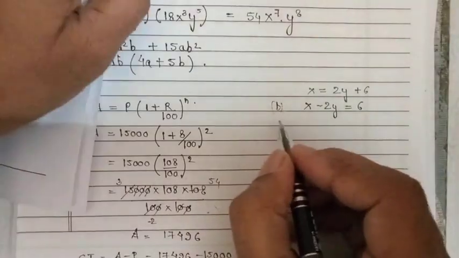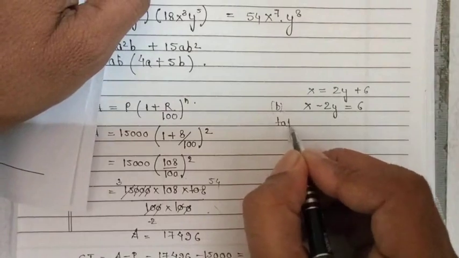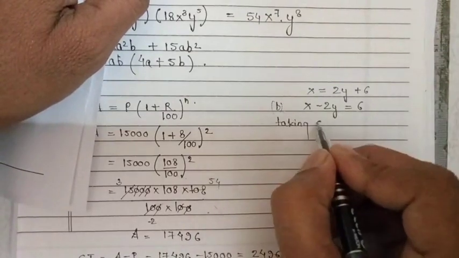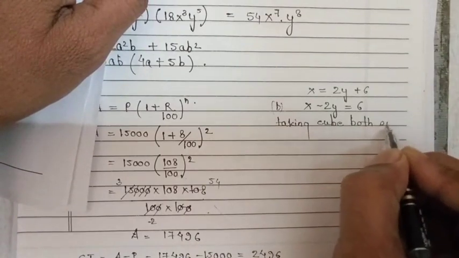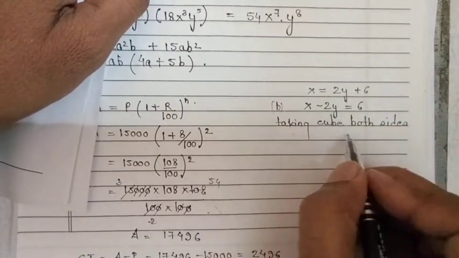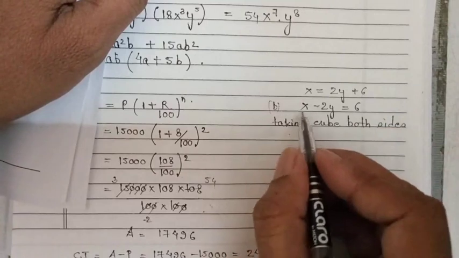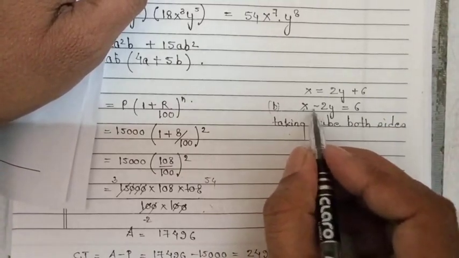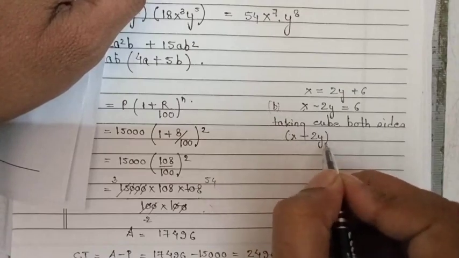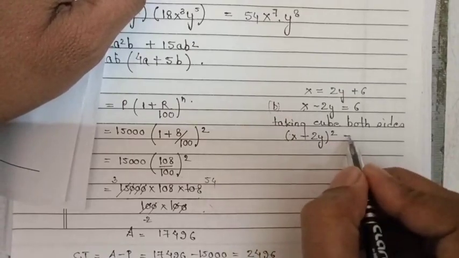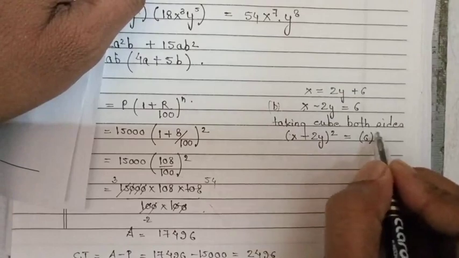So we will take cube on both sides. Now when you take the cube of both sides, on the left side you will apply the formula a minus b whole cube.